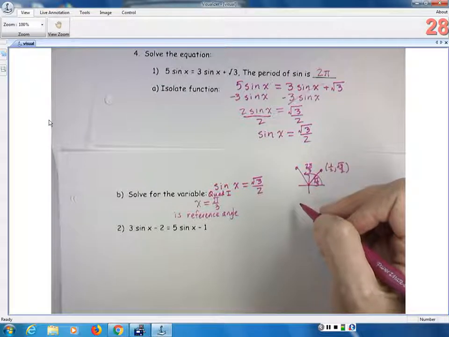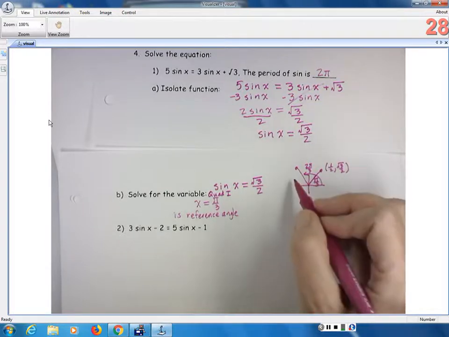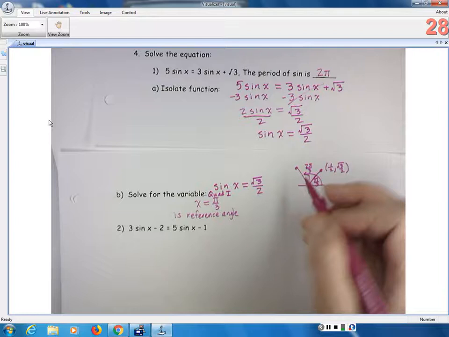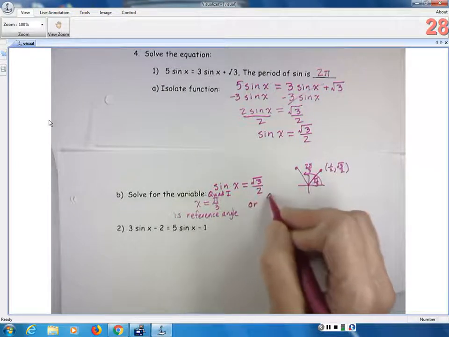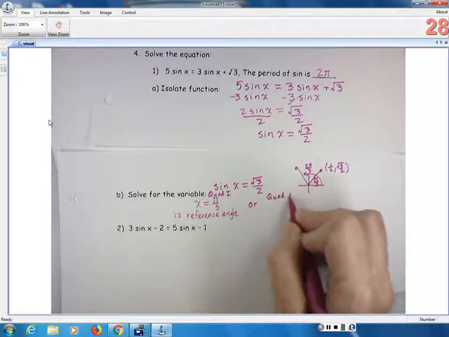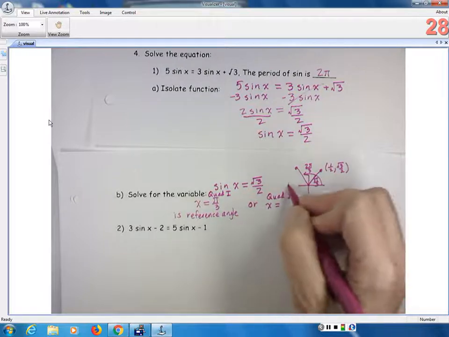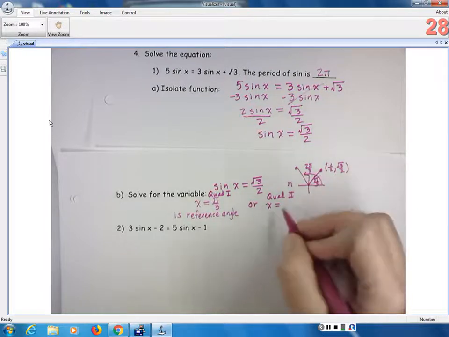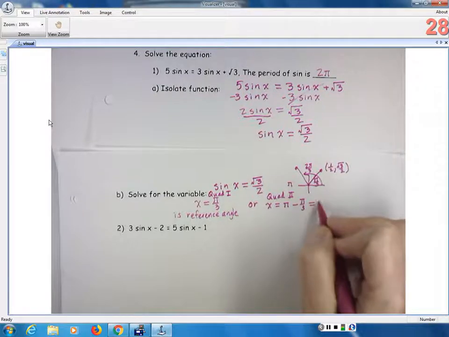So in quadrant 2, x equals pi minus pi over 3, which is 2 pi over 3.